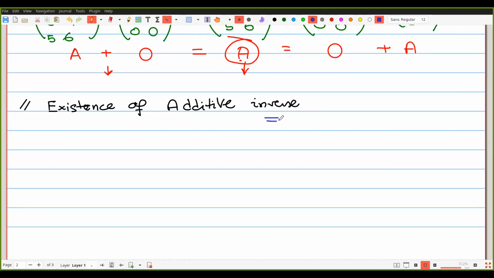So inverse, that term, additive, is based on matrix addition, and once more that is based on the result that it exists. So that's why existence.